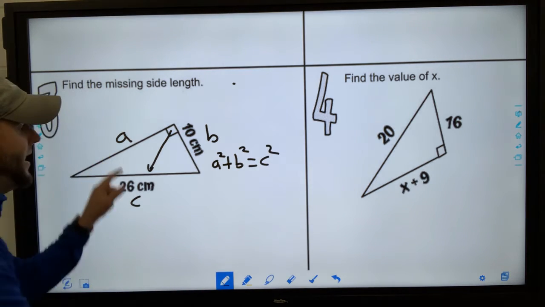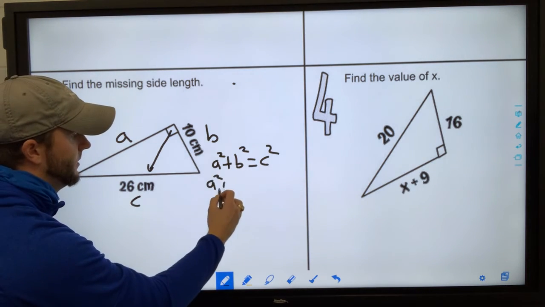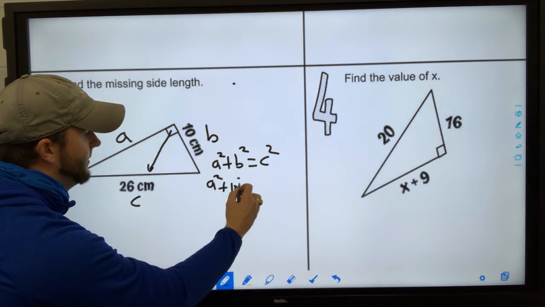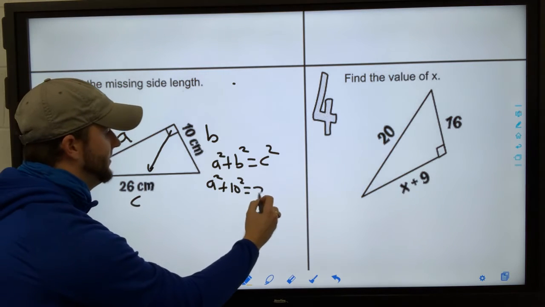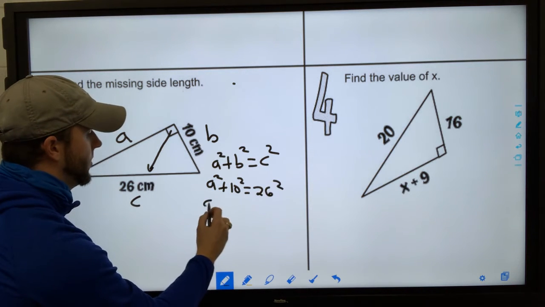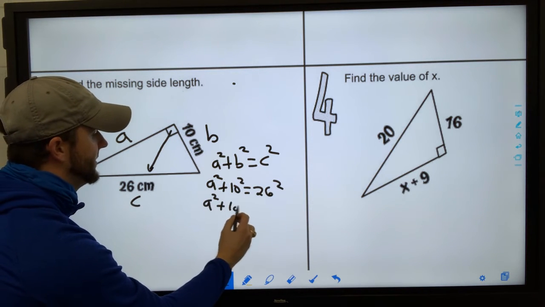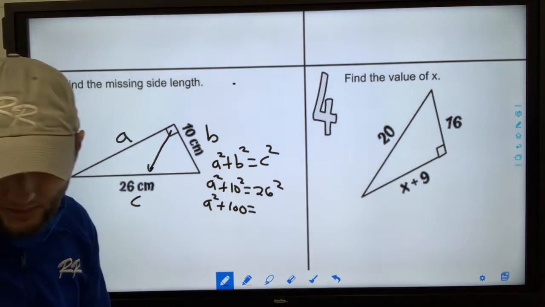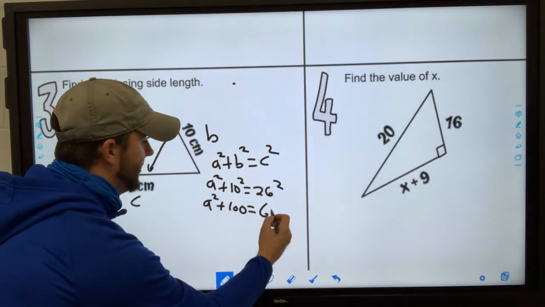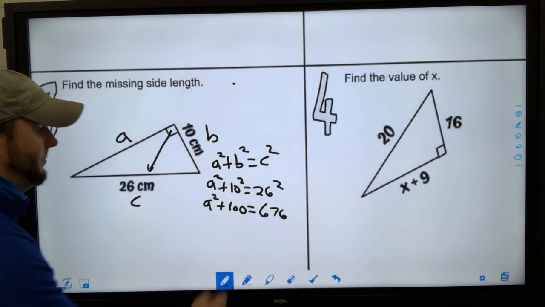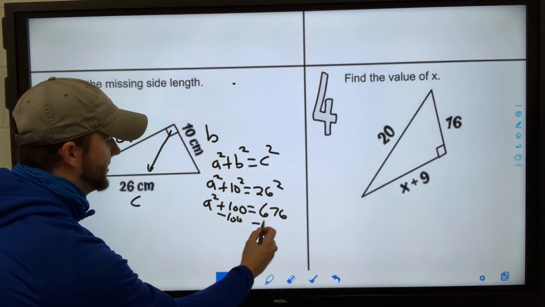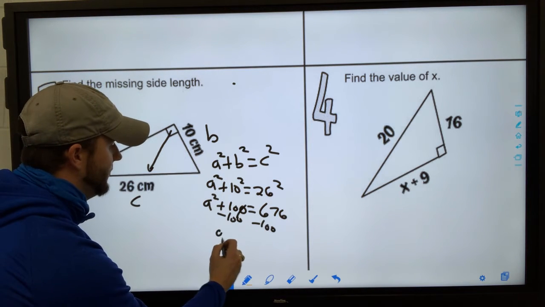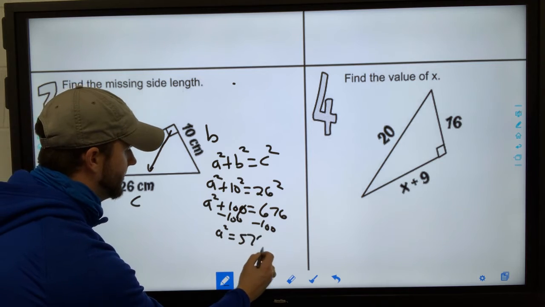So right now A is what I'm trying to find, B is 10, and C is going to give me 26. So A squared stays the same, 10 times 10 is 100, 26 times 26 is going to give you 676. I'm going to subtract 100 on both sides, which is going to give you 576, okay?